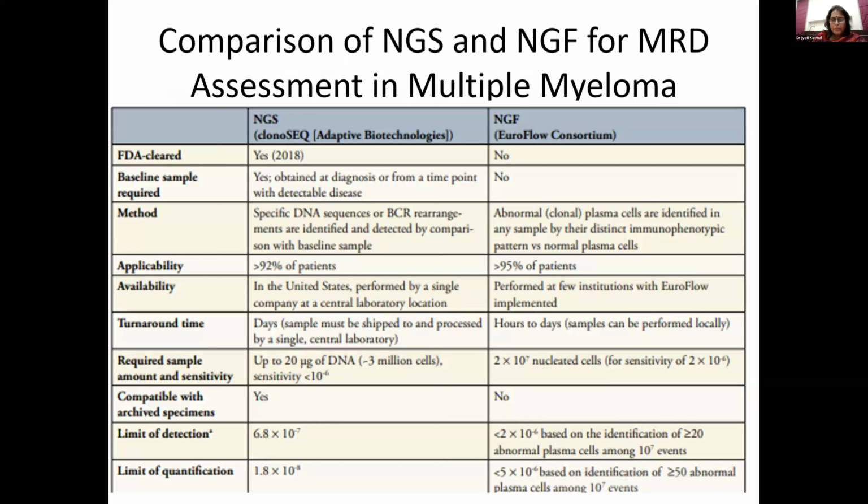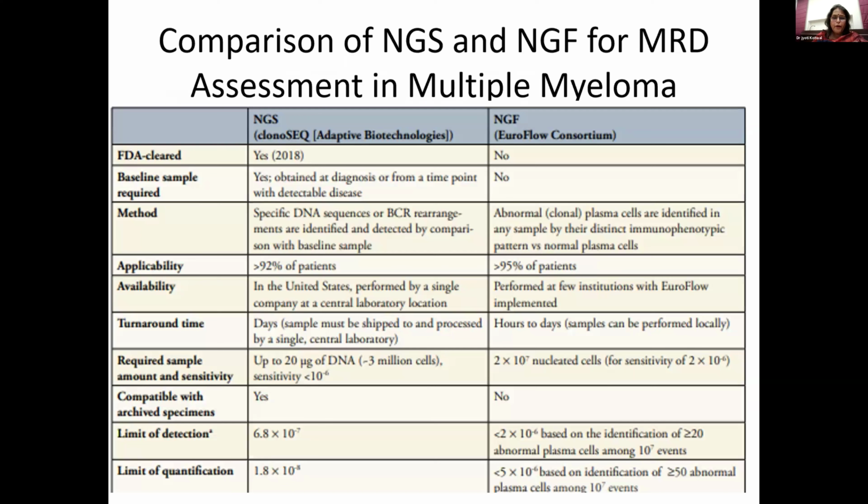So NGS is not available in most countries, but it has a higher sensitivity. It can be done in almost 90% of the patients, whereas flow can be done on more than 95% of the patients. The LOD and LOQ of NGS is slightly low. So LOD, LOQ, anyone working on lab quality will understand limit of detection and limit of quantification.